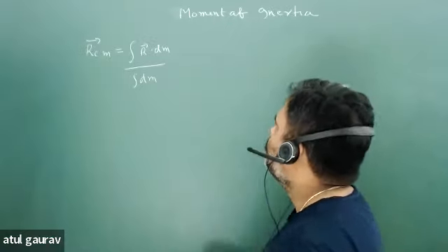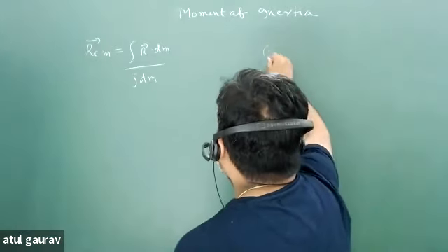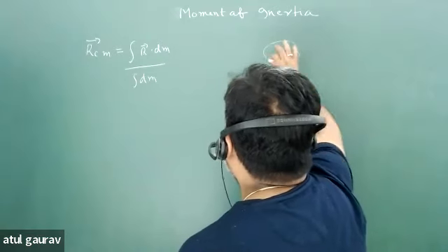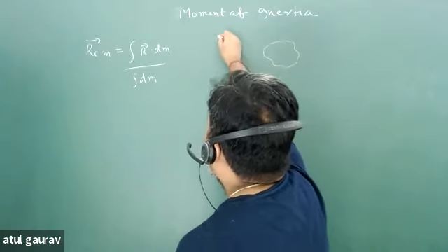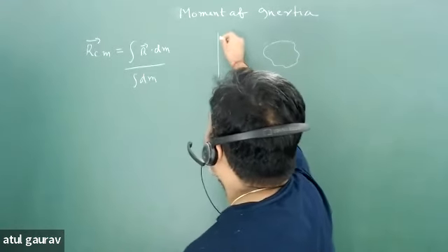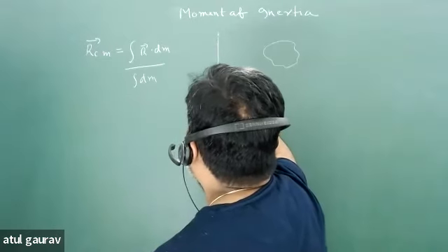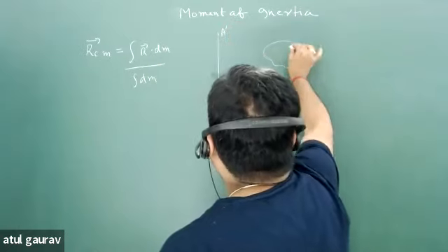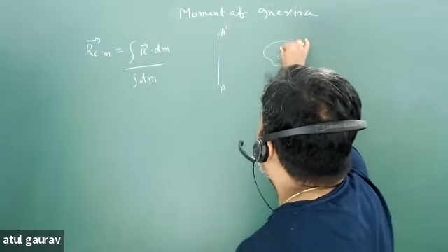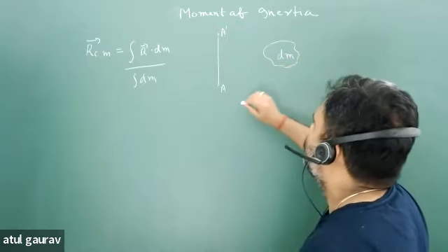By the way, suppose I have some mass, and we have some axis, and let's say this axis is a dash, and suppose this mass is nothing but dm. A very small elemental mass you are taking, that is dm.